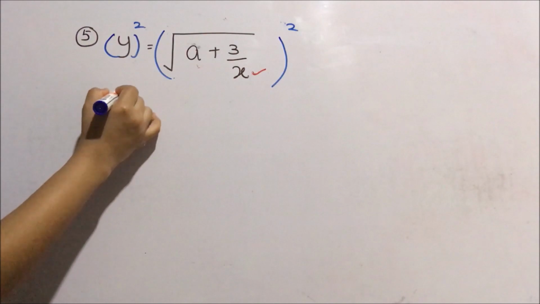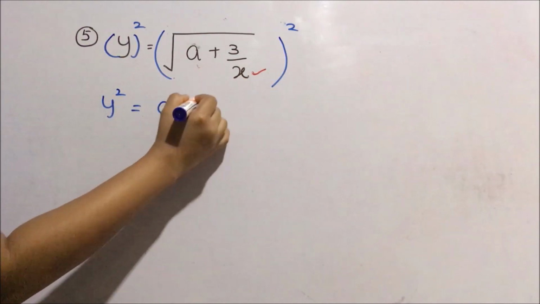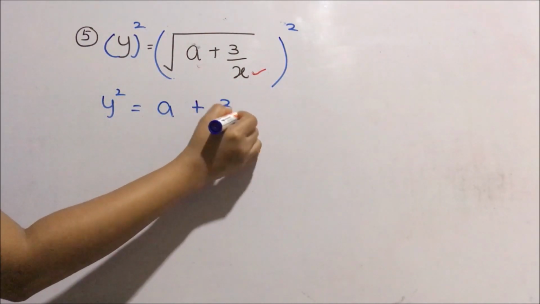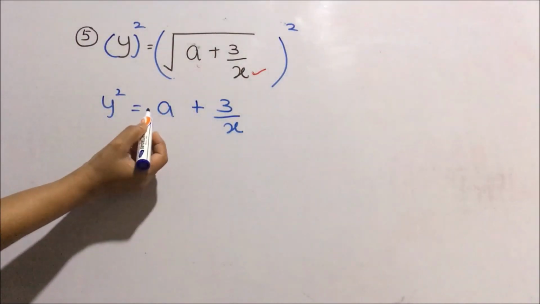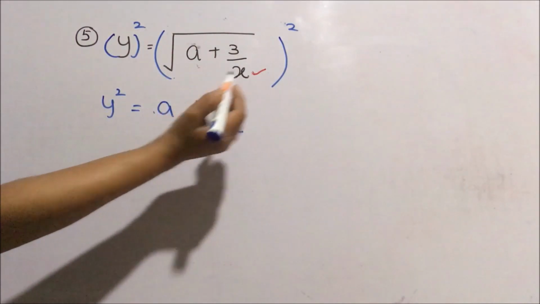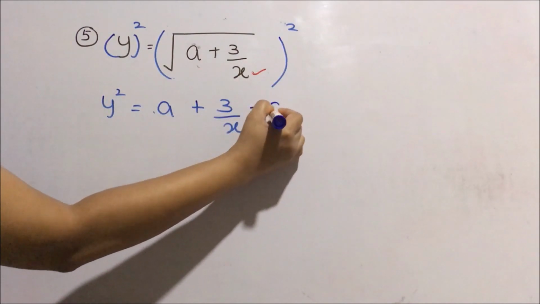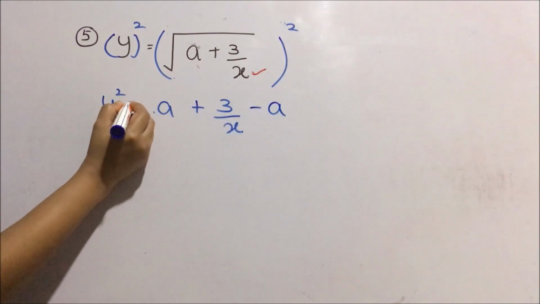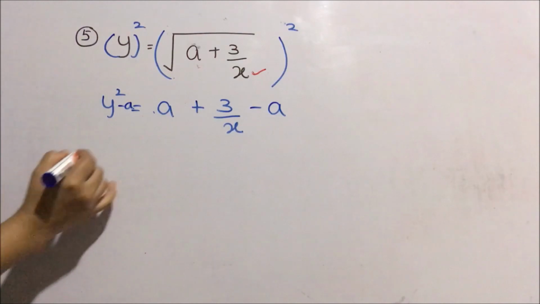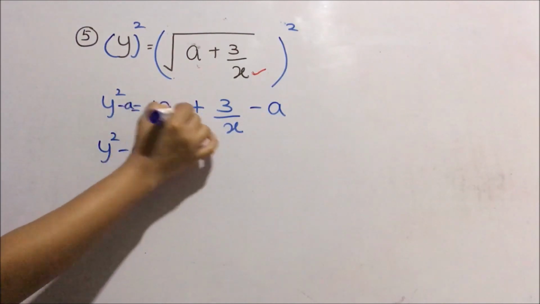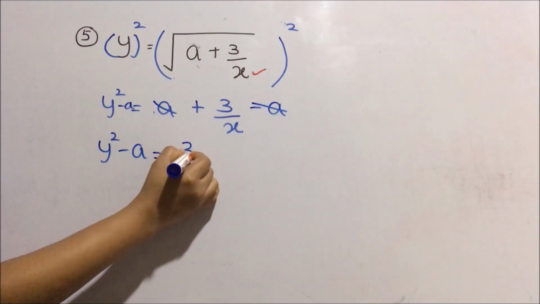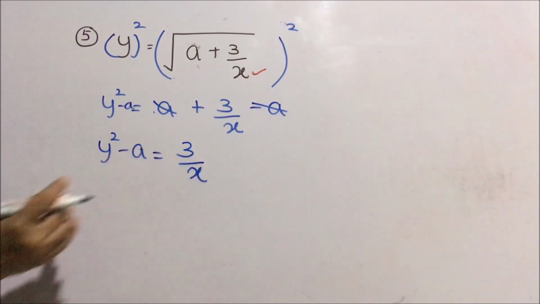Then y squared equals a plus 3 over x. Now to remove plus a, I am going to add minus a to both sides. Then y squared minus a equals 3 over x, as a minus a cancels.